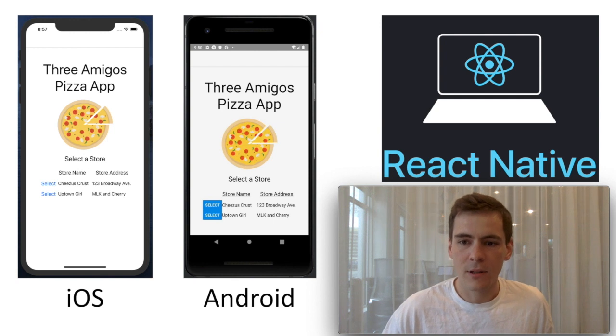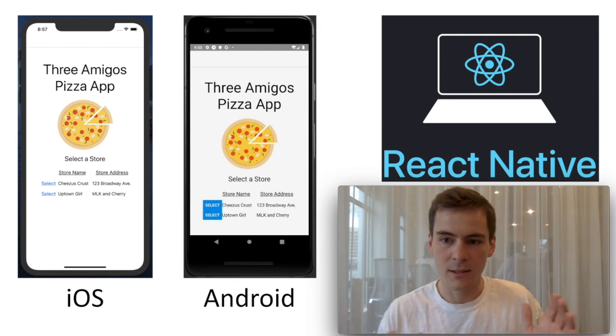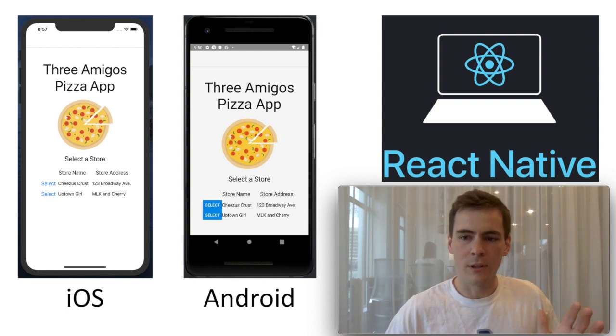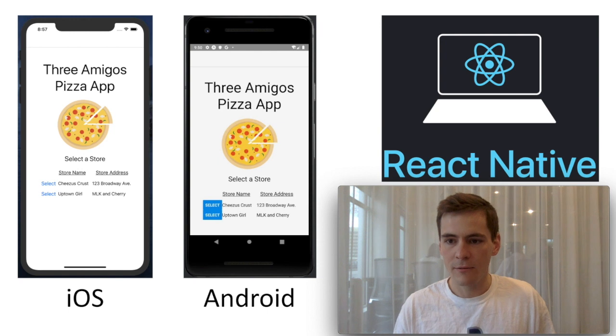With React Native, the UI gets compiled to real native code, so all of the UI elements like text and buttons and such will be the native equivalents depending on which platform you're running on. While this is super convenient, it gives a bit of a trade-off.